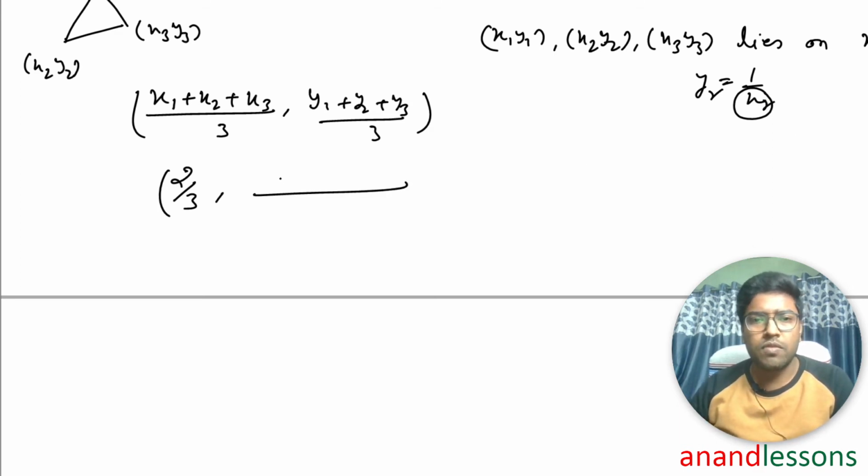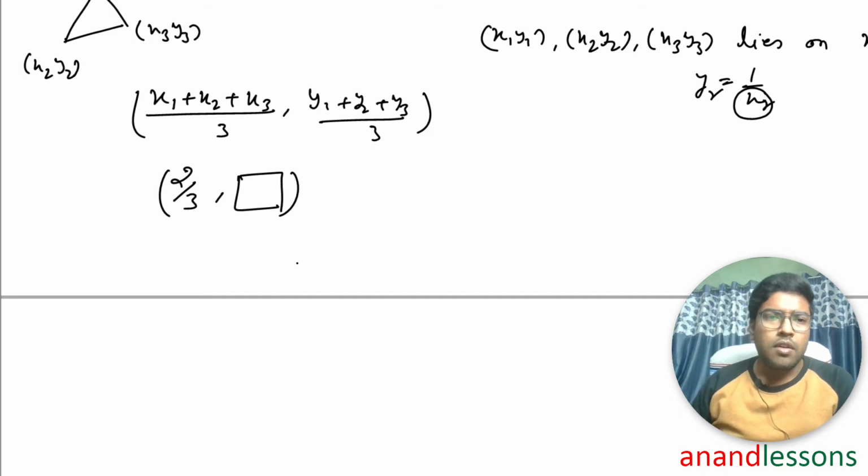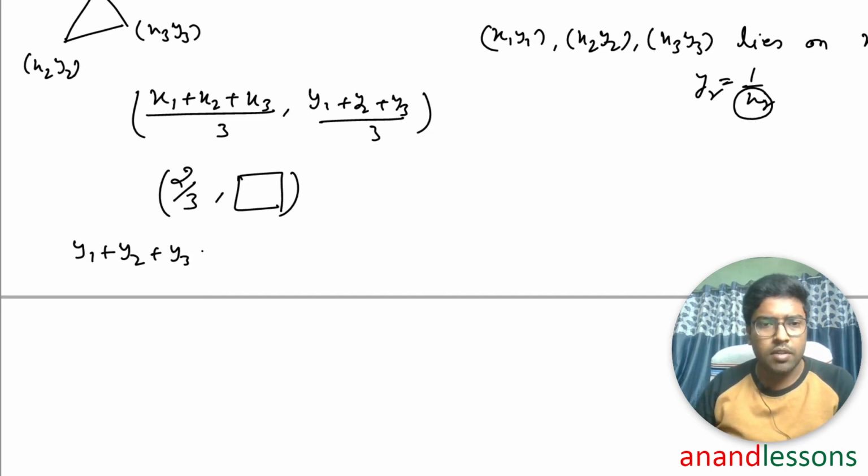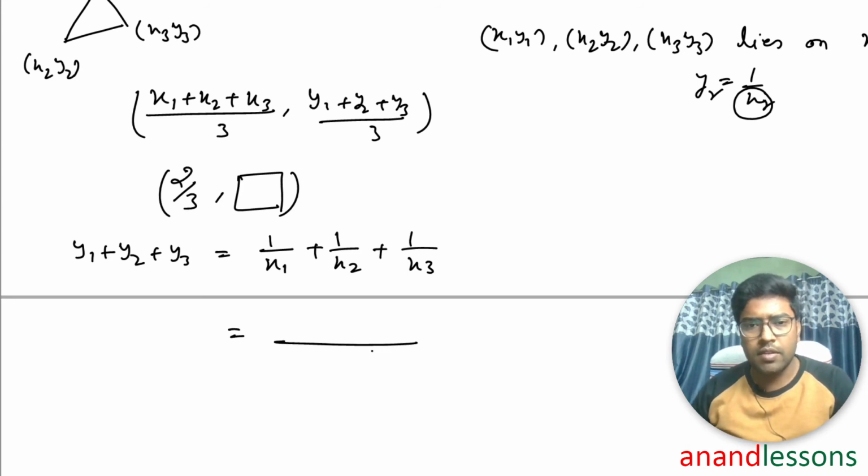So y1 plus y2 plus y3 can be written as 1 by x1 plus 1 by x2 plus 1 by x3, and this can be written as x2 x3 plus x1 x3 plus x1 x2 over x1 x2 x3.